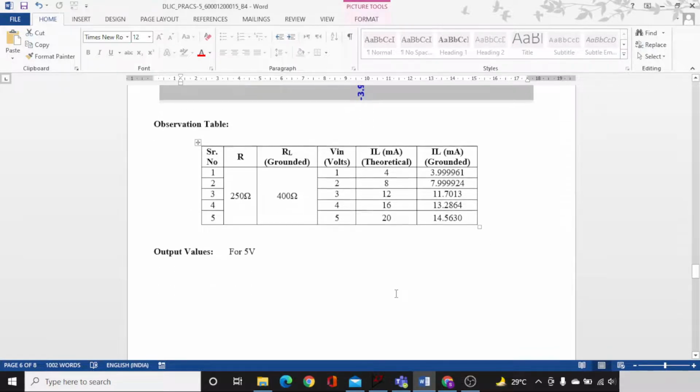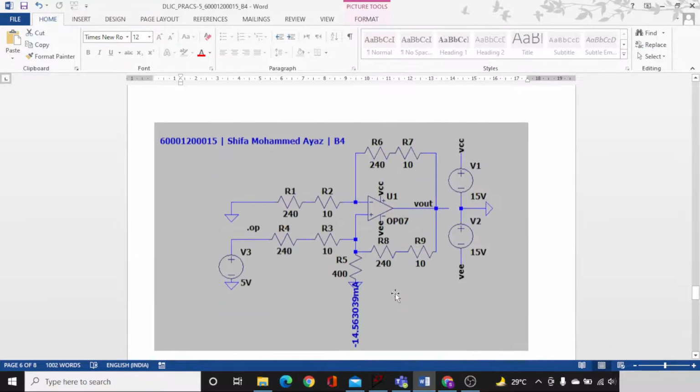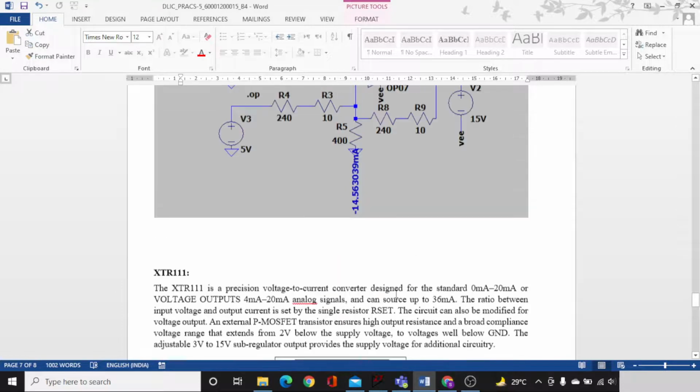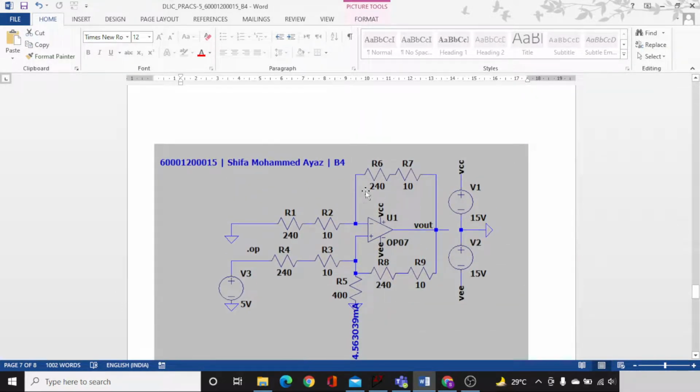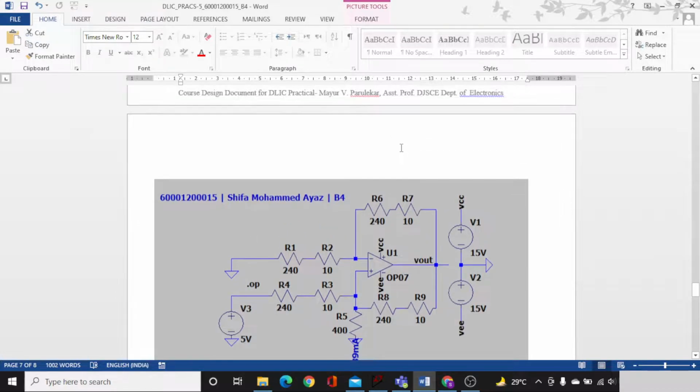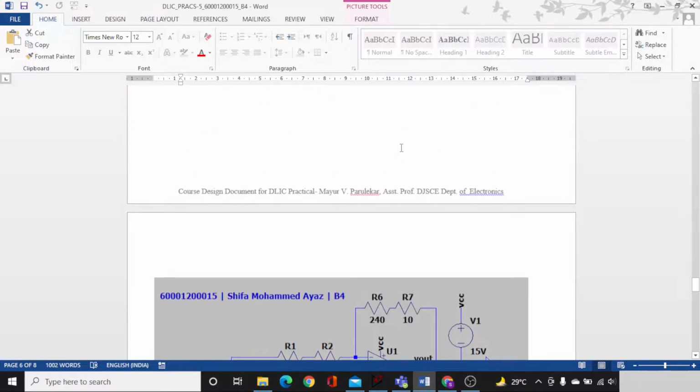Here a concept called voltage compliance comes into the picture, where up to a certain fixed range of resistances, you will be getting a fixed amount of conversion of current for those specific values of resistances only.